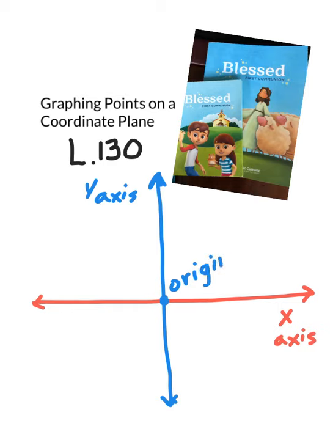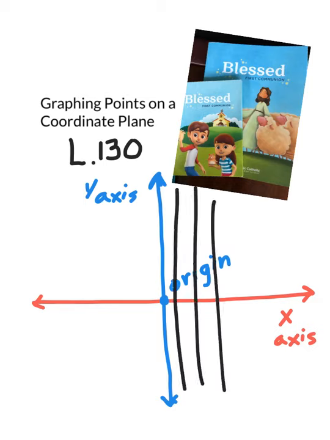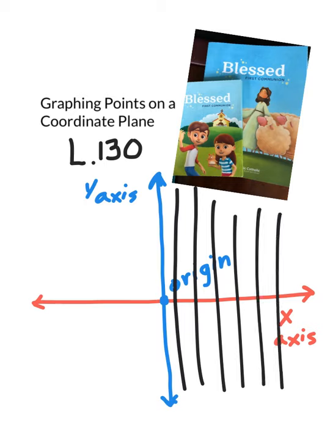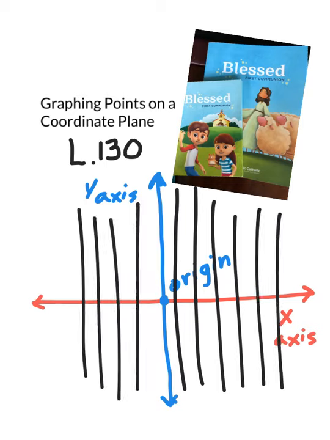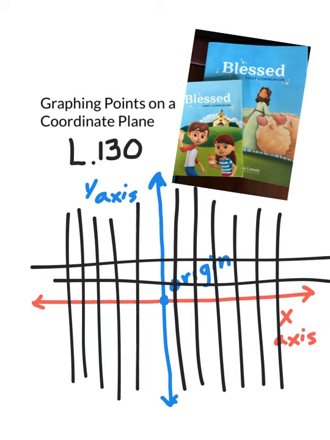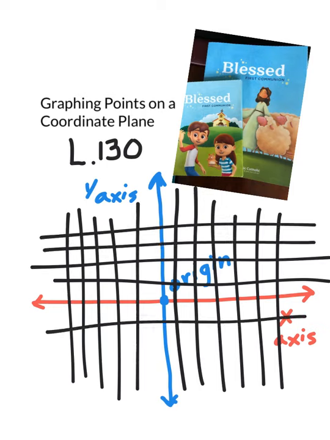Remember that we can make lots of other lines with numbers. We number those lines when they cross one another like this. They're evenly spaced, but I'm just doing it very quickly. On our next page, we're going to have one that's all set for you.